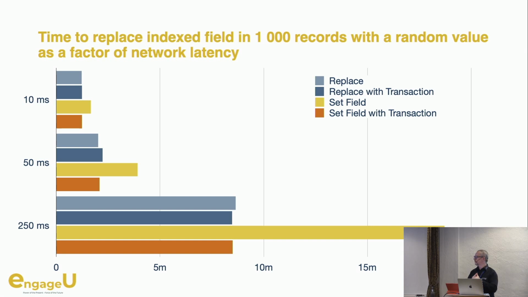So as you can see, setField loop within a single transaction is almost equally fast as replace field contents compared to setField with loop without reusing the transaction. But still, the time saving that you get is about 50%.